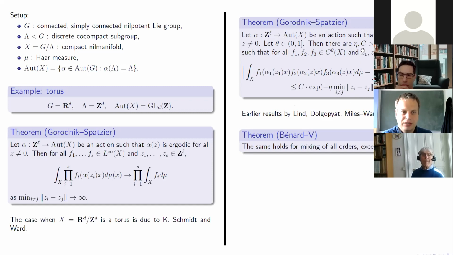It is likely that eta will be something reasonable and C will be something quite horrendous, but I could actually write down a number, something like 10 to the 10 to the 10, whatever it is.